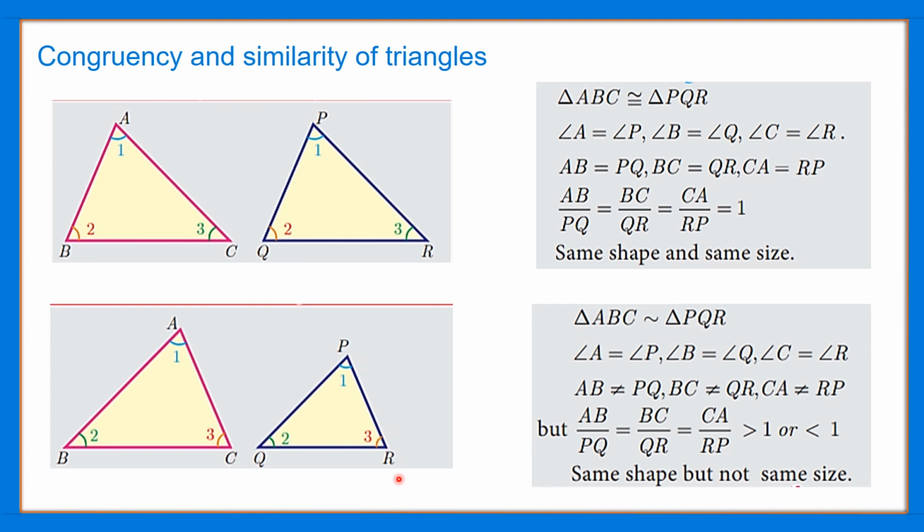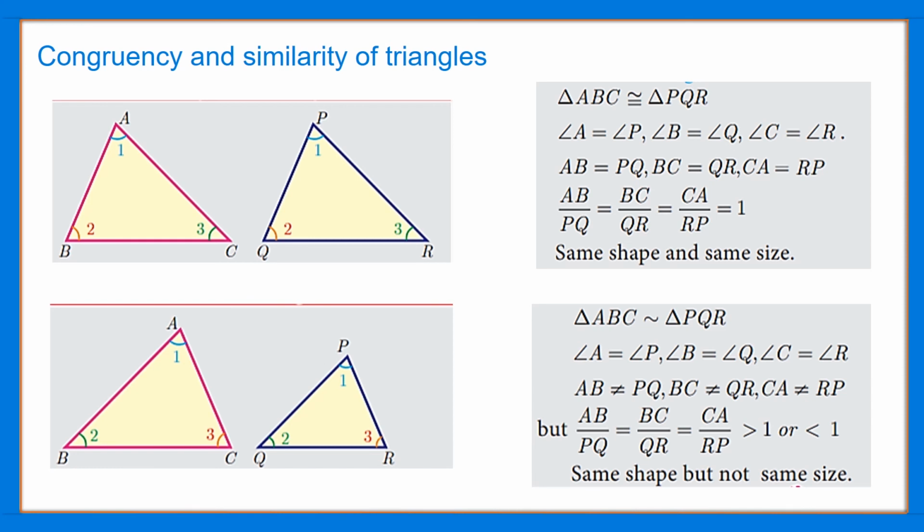But AB by PQ can be greater than 1 or less than 1. Similarly, BC by QR can be greater than 1 or less than 1. Similarly, AC by PR can be greater than 1 or less than 1, but none of their ratios equal 1.